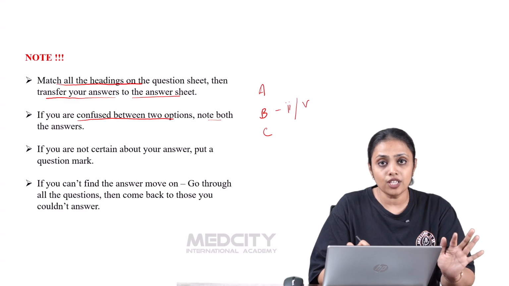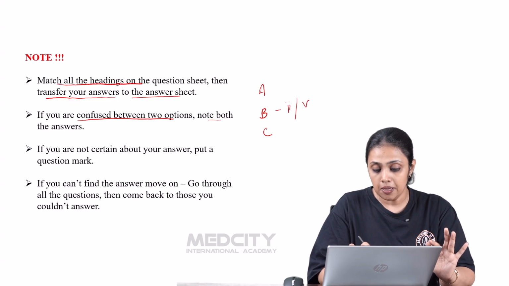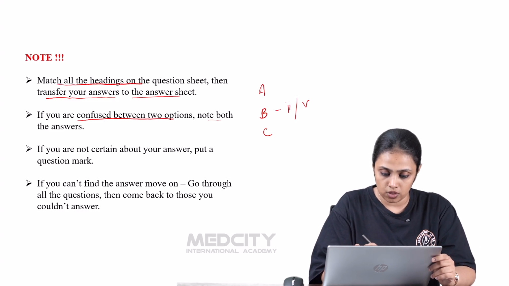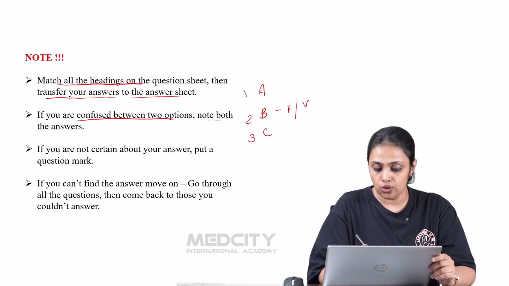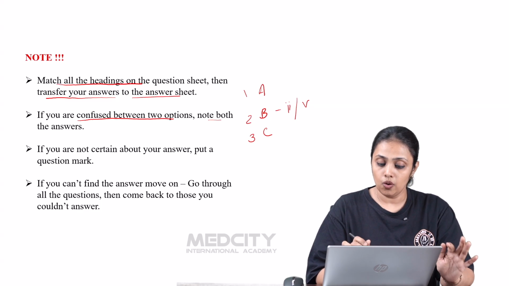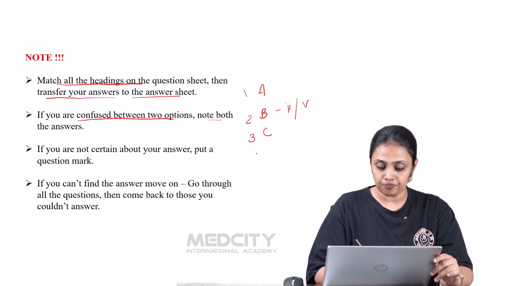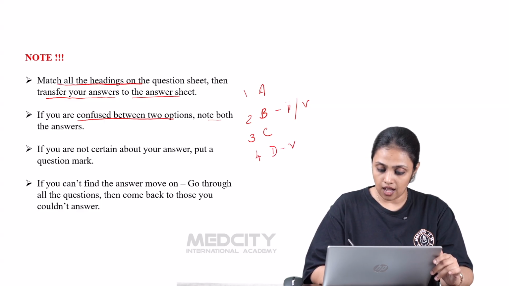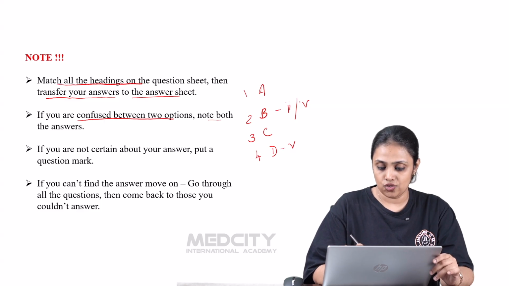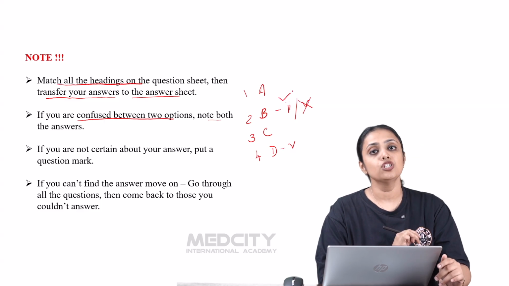Then write down both headings beside that question number. Why do I tell you to write both? Maybe later when you are reading section D, you very surely conclude that 5 is the answer for D. Then you can strike out 5 from here and confirm 2.